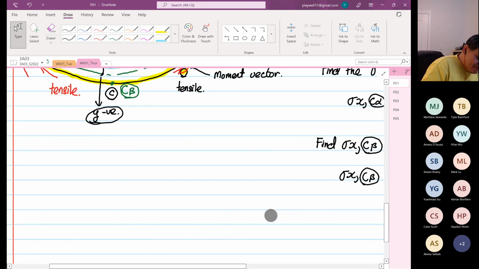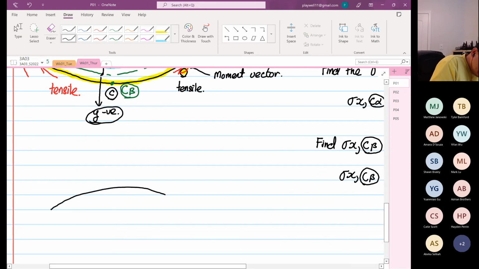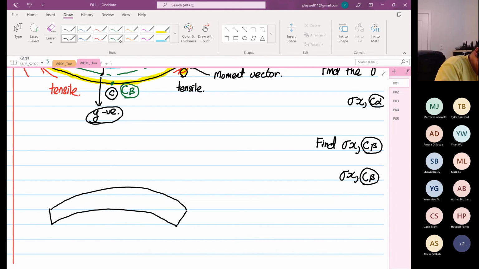Now what if our deformation pattern is this way now? This is our deformation pattern now. So I'm going to again draw our centroid.